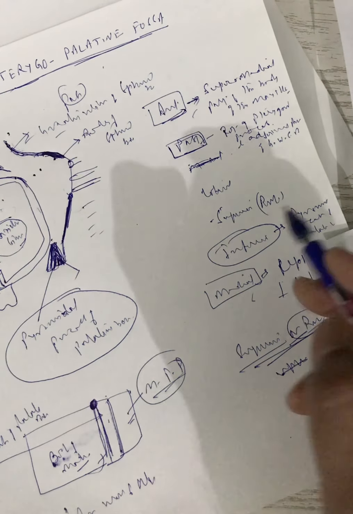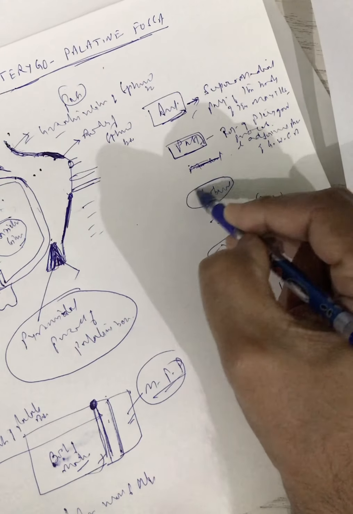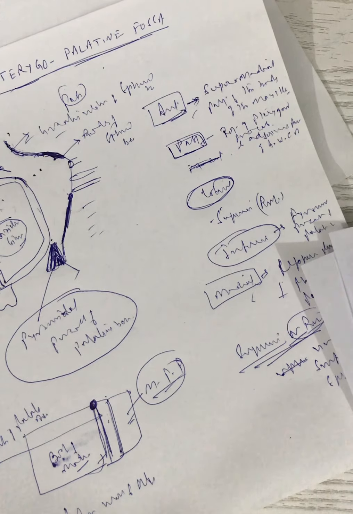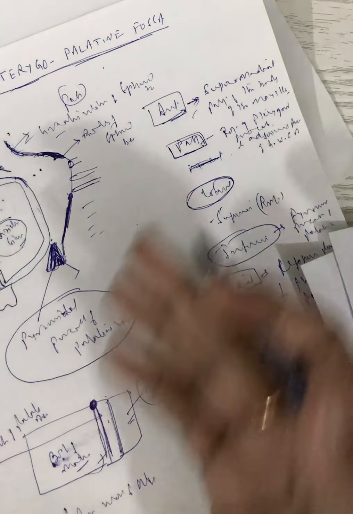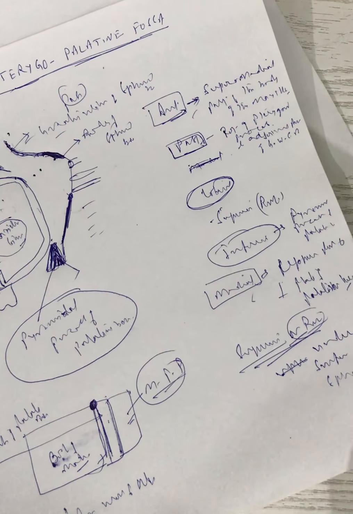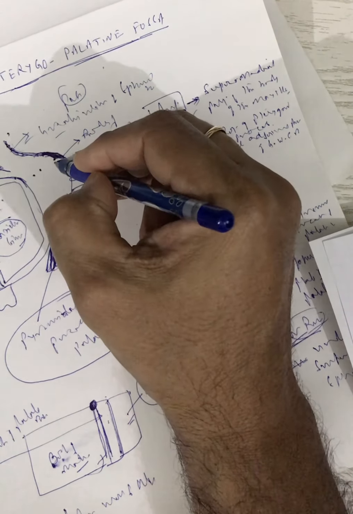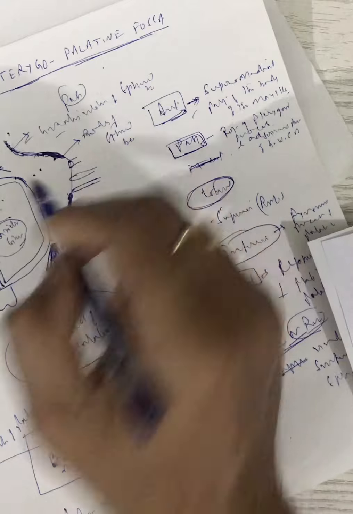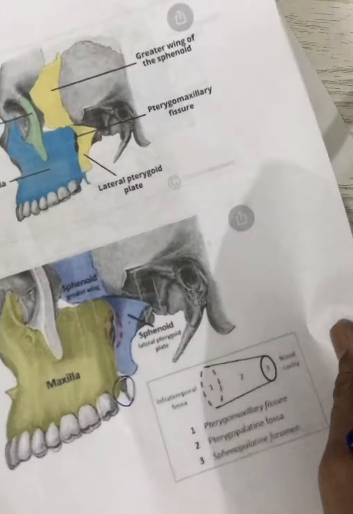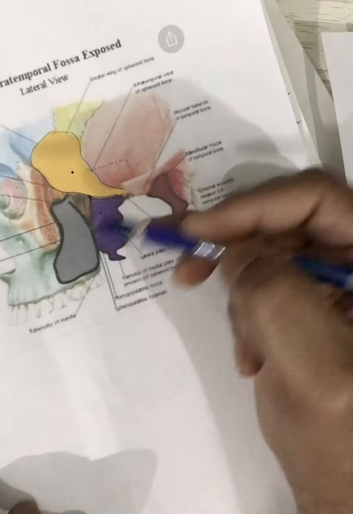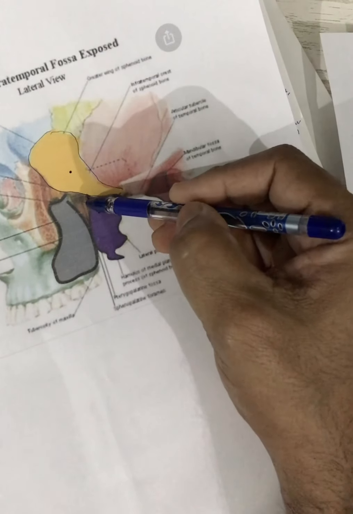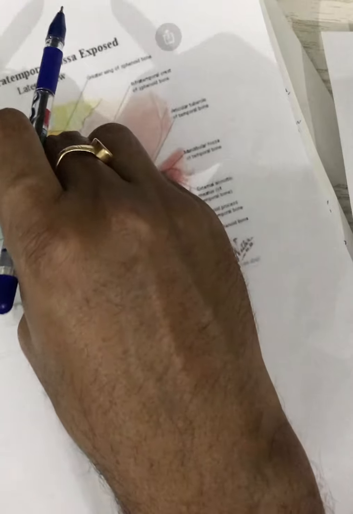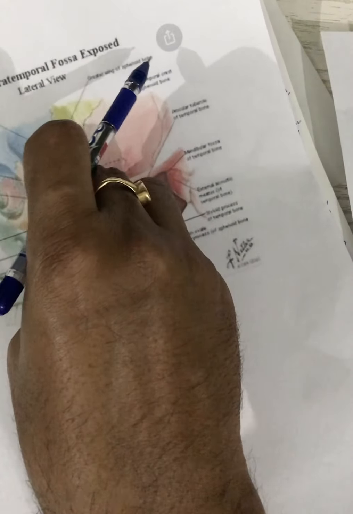Now we are only left with the lateral one. Laterally we can talk later also, but while we are talking about the boundary, we will discuss this also. So laterally, this fossa is open to the exterior. If something comes from here and comes to here, where will it go?